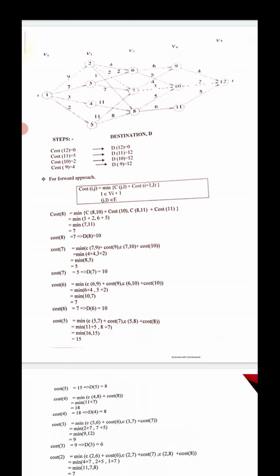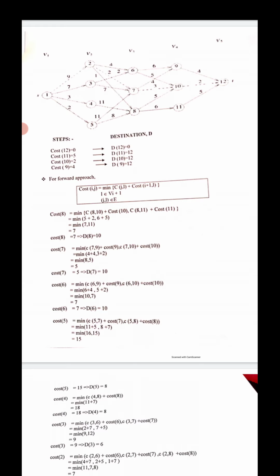Now we have to calculate cost of 5. Cost of 5 is equal to the minimum of cost of 5, where it will go: to the 7th node and to the 8th node. Okay, for cost of 5 comma 7 plus cost of 7, and cost of 5 comma 8 plus cost of 8. Now we have to calculate the minimum.